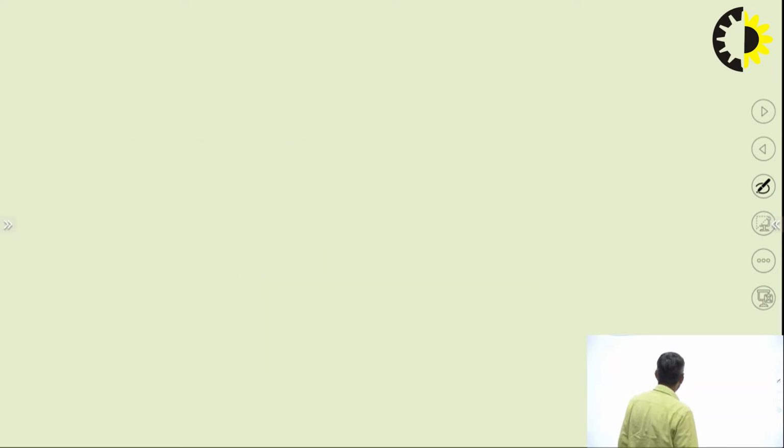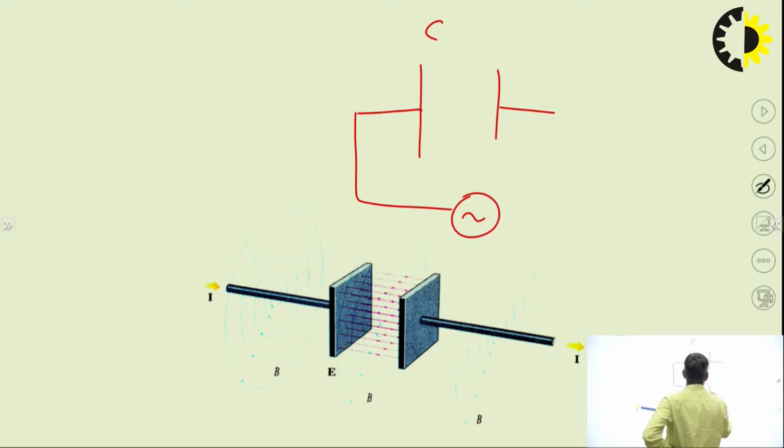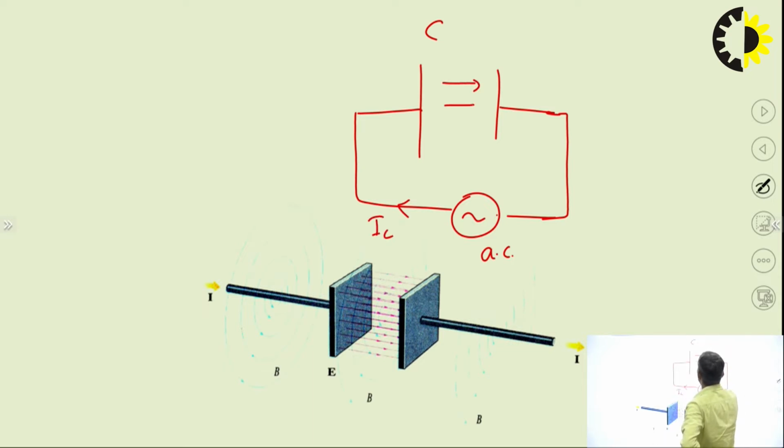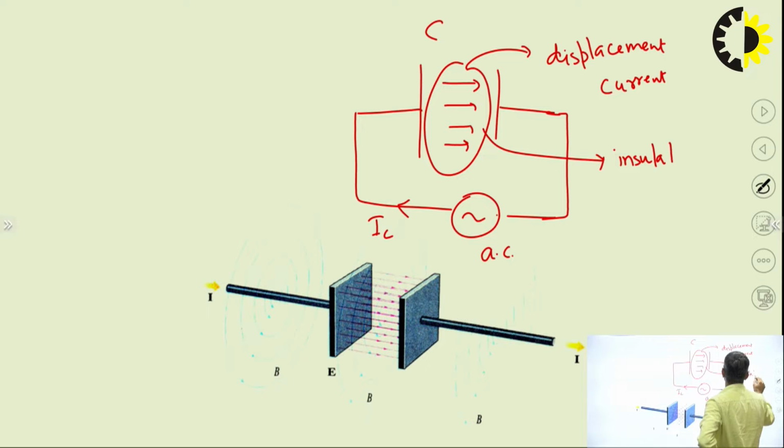If we think of this capacitor connected to an AC circuit, in the wire this conduction current IC flows, but here a different type of current, which is known as displacement current, flows, which is not exactly current because this medium is an insulator.